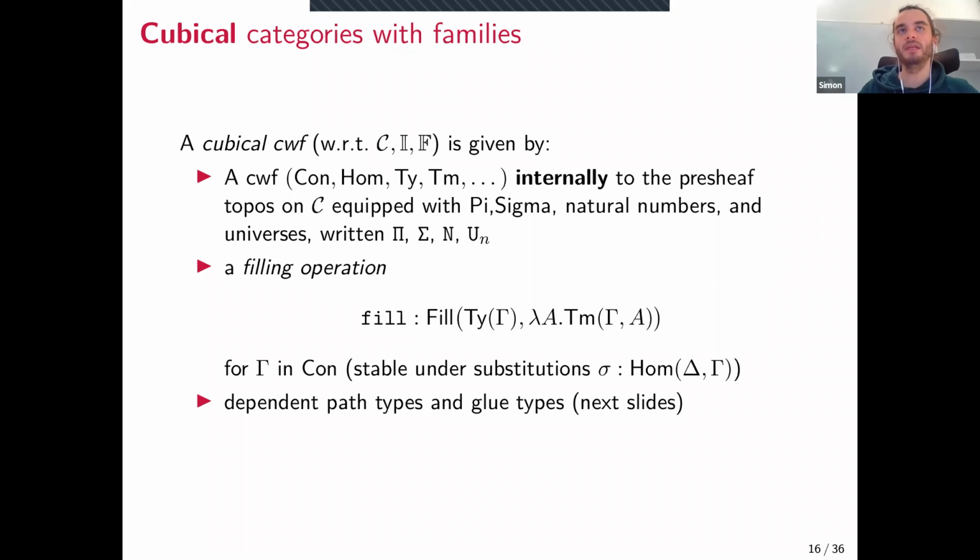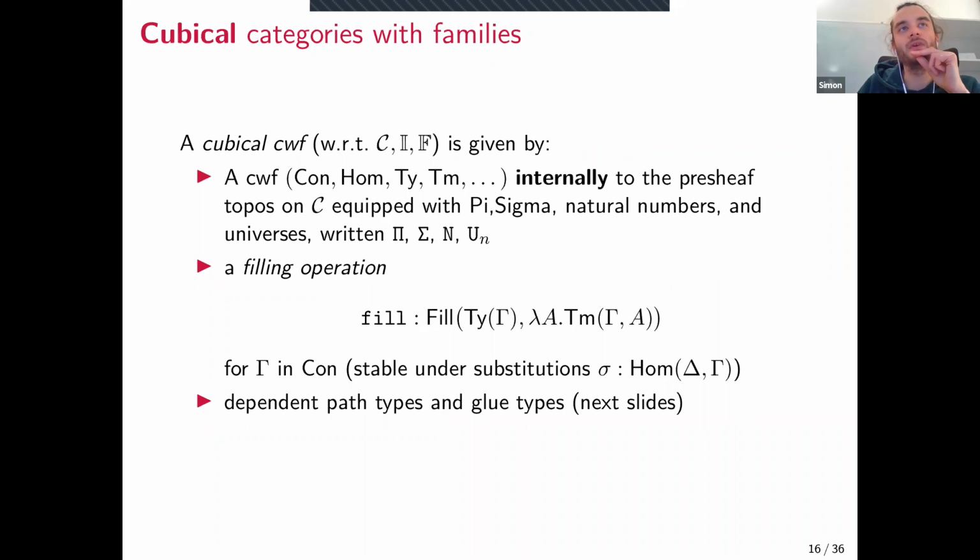It's just a structure: you're basically given an inhabitant of a certain type in this internal language. You can write down in the internal language what it is to be a CWF, and then you just say, well, I have an inhabitant. I tried to unfold this a bit, but I should have prepared a slide of that. Maybe it comes later on. Later I will give an instance of that, and maybe this becomes clearer then. Is there more confusion right now? Maybe it'll clear up if you continue. Okay.